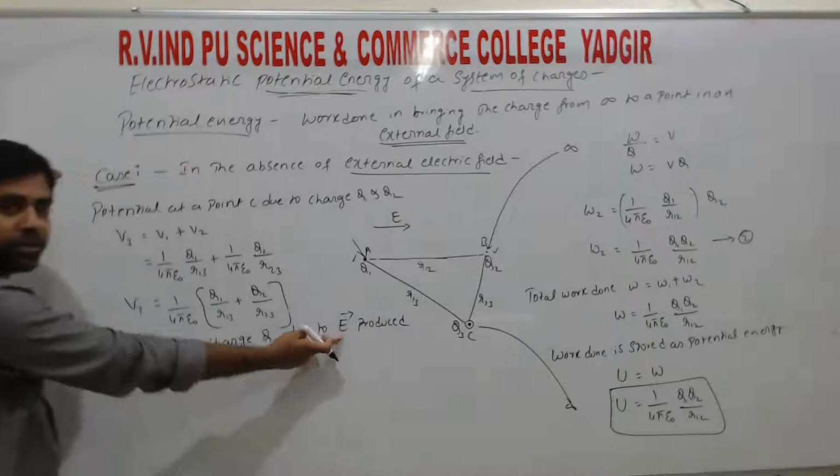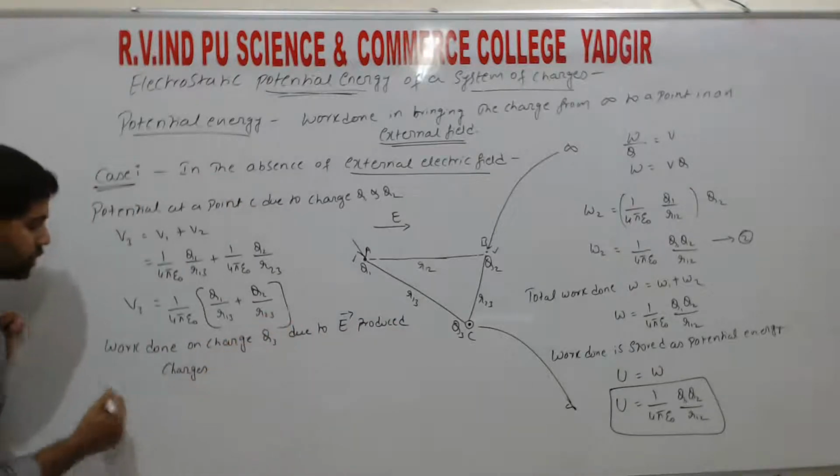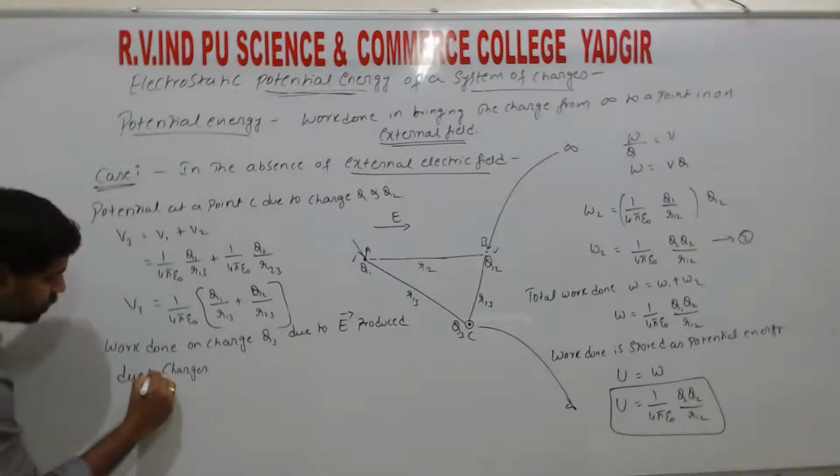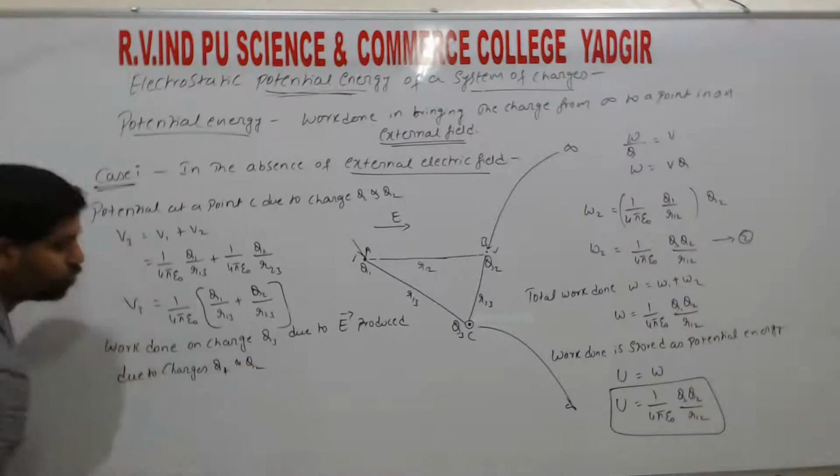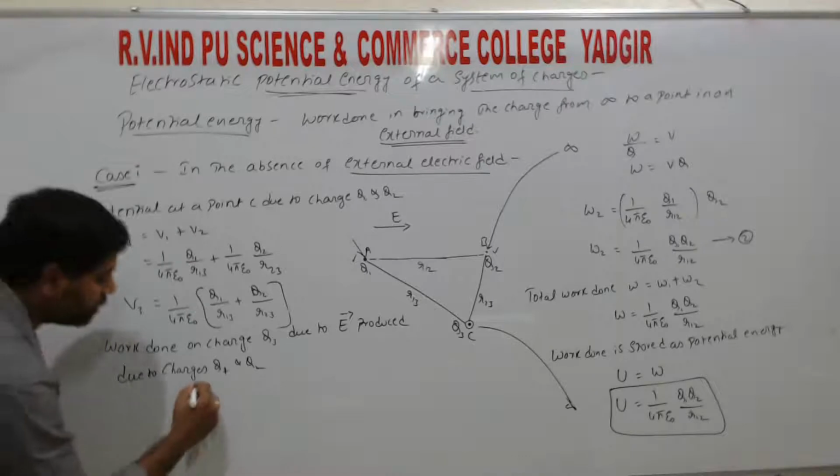So E symbol represents the electric field, E produced due to charges Q1 and Q2, right?